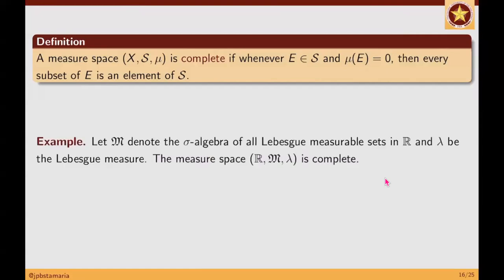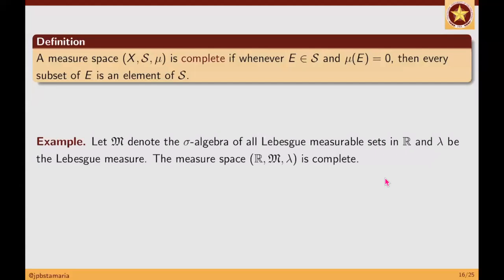Yes. If you consider the measure space R with M as the sigma algebra containing all the Lebesgue measurable sets, and yung lambda mo yung Lebesgue measure, then the space is complete. Kasi kapag ang set mo measure 0, sa space na to, automatic nga measurable siya, di ba?